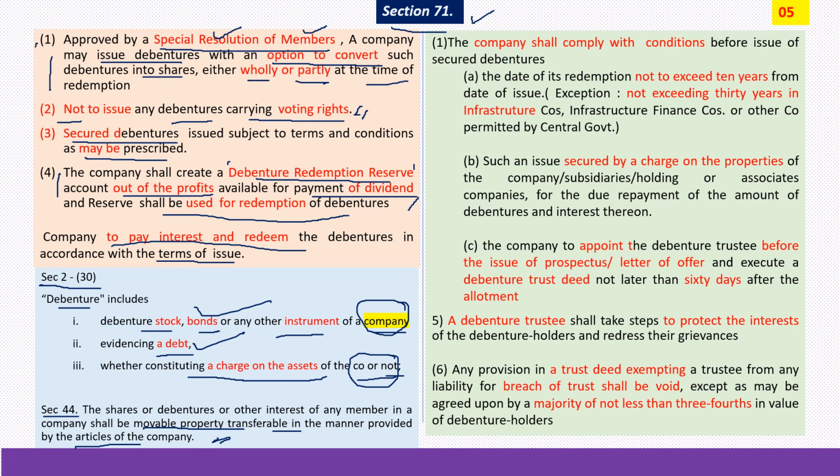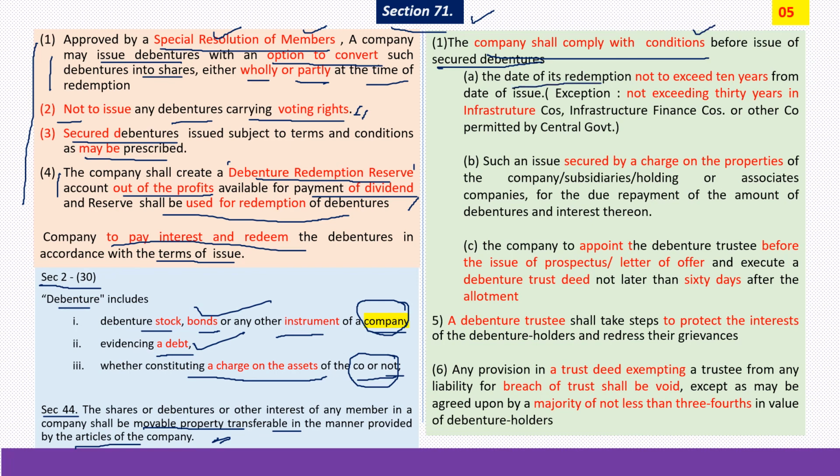These are the points which Section 71 makes out. In addition to that, the section further states the company shall comply with the following conditions before issuing secured debentures. What are the conditions which we need to look into?